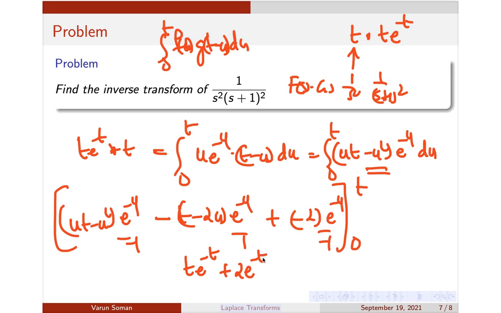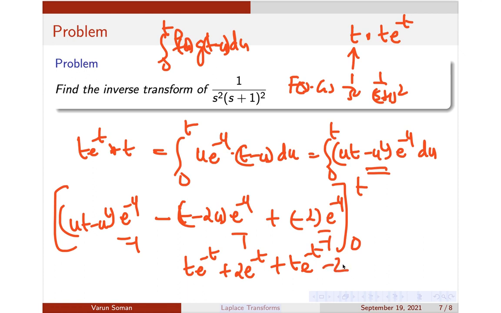Just check the signs also here. When you substitute u as 0, the first quantity will be 0, the second quantity will be again t e raised to minus t, but because of the lower limit it will be plus here. Again if you substitute 0 here, you will be getting plus 2, again minus 2.